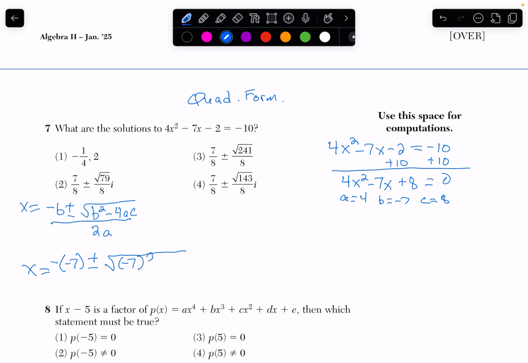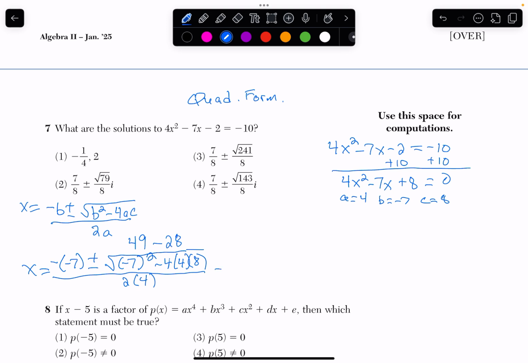This is negative 7 squared minus 4 times 4 times 8. You can put it in your calculator just like that if you want. And then this is 2 times 4. I like to put negative 7 squared as positive 49. And this becomes minus 28.